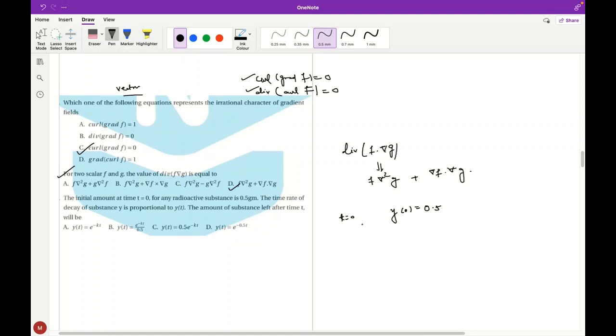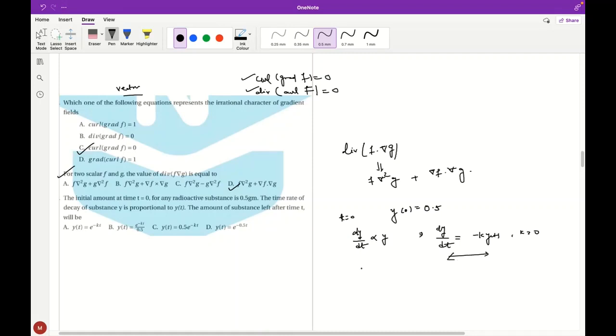So we know that the rate of change of the radioactive substance is directly proportional to y, which is equal to dy over dt. It is decaying, so minus k y, where k is greater than 0. So we will solve this differential equation, which is variable separable.